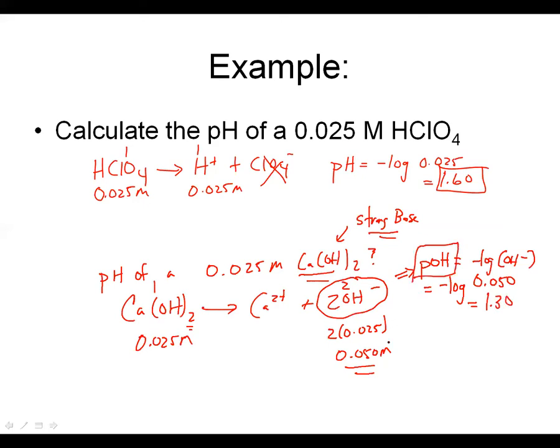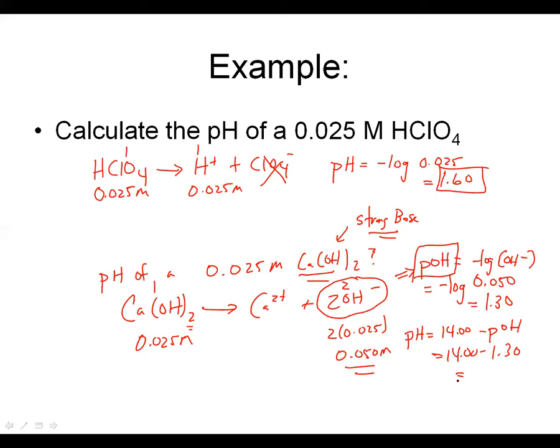So because we are starting with a base here, the pH is going to be 14 minus the pOH. And that would get us 14 minus 1.30, and that's going to give you 12.70 as our pH value.